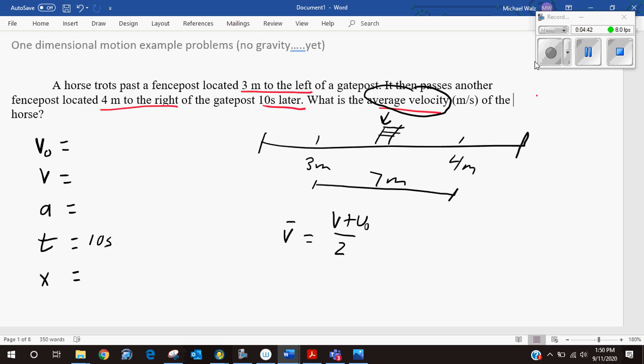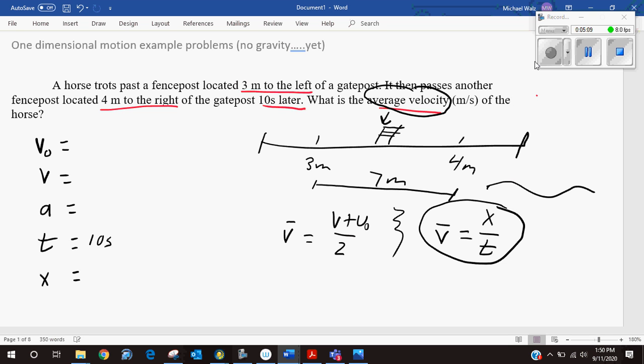So we look, do we have v or v sub naught or 2? No, we don't. But one of the first formulas that I showed you was average velocity, and I'm pretty sure y'all watched this video, is equal to displacement over time, right? And that was when we were talking about going from Bismarck to Fargo and the difference between distance and displacement, velocity, and speed. So that's where this one was.